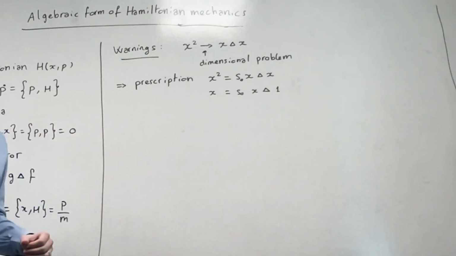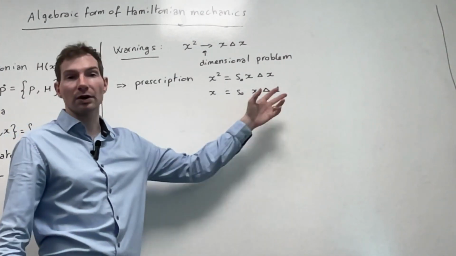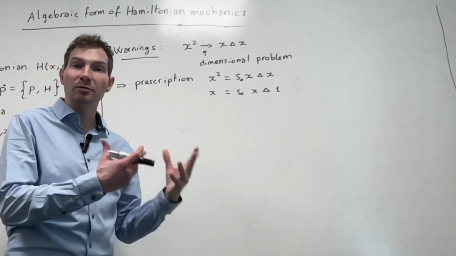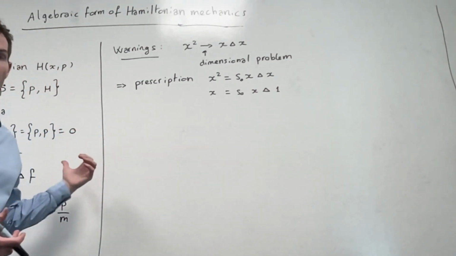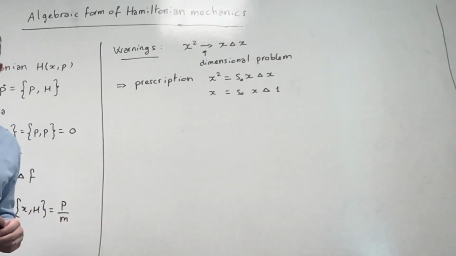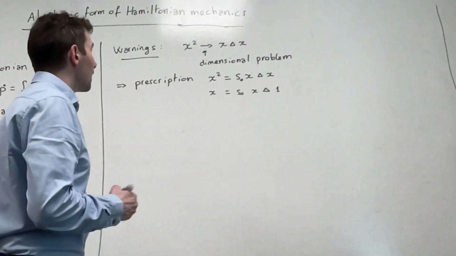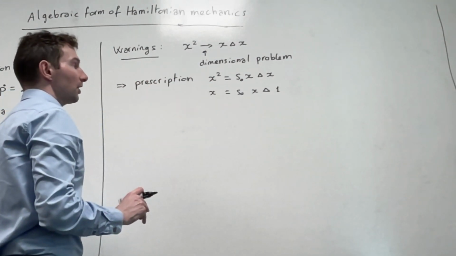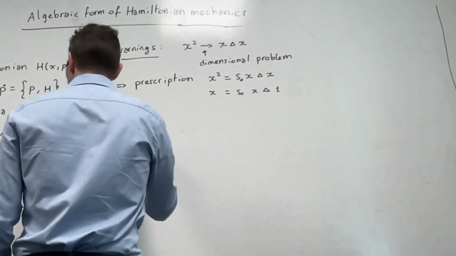It can't be, otherwise you would get x triangle 1 is 0. So it can't be the same. But it plays the same role insofar as Poisson brackets are concerned.